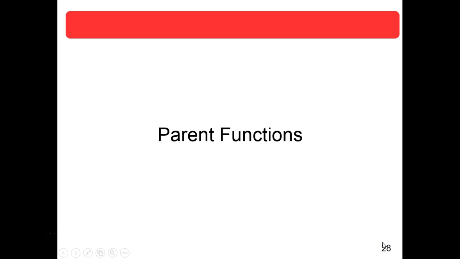Okay? All right. Write the most specific name for the function. What's the most specific name? Greatest integer function. Okay? It is a parent. All these are parent functions. Which one?